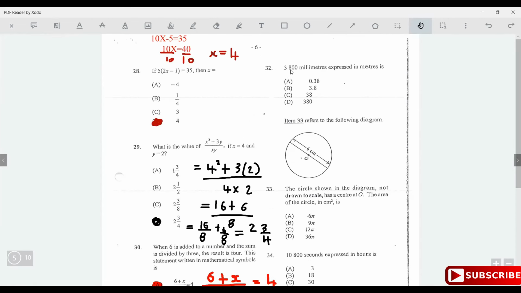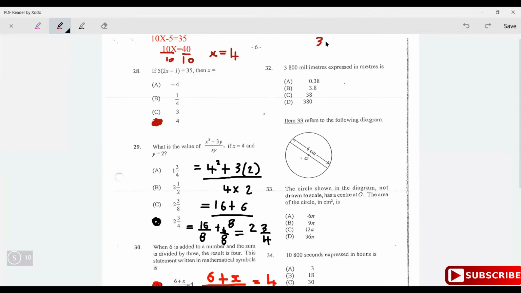It says, what is 3,800 millimeters expressed in meters? We need to remember that you divide 3,800 millimeters by 1,000 to see how many meters it is, because 1,000 millimeters make a meter.